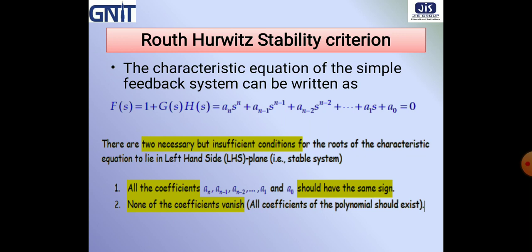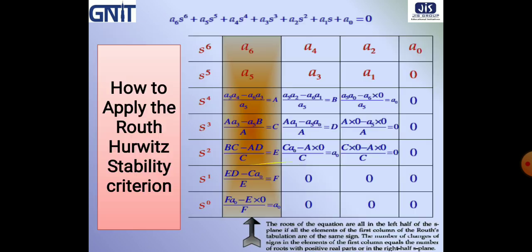Next we studied the Routh-Hurwitz stability criteria, how we can find the stability of a system, whether the system is stable or unstable or marginally stable. To find the stability, you have to calculate the Routh array, and after investigating the first column of the Routh array, we conclude the stability of the system.